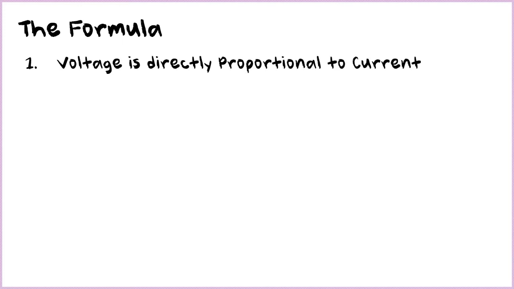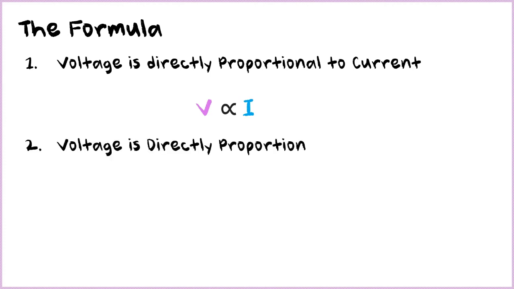Now the formula. Based on Ohm's law, we derive the formula of voltage, current, and resistance. Voltage is directly proportional to current, because as we increase the voltage, we also increase the current. And voltage is directly proportional to resistance.